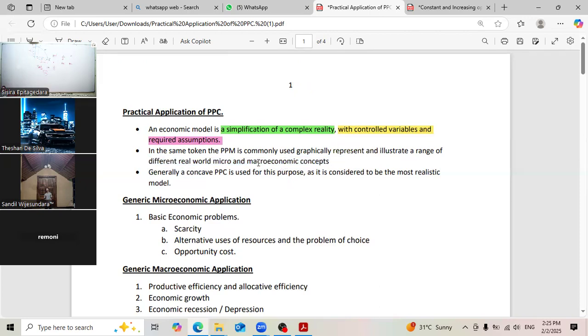Highlight it, Lamai. My point is, we can explain some complex micro and macroeconomic concepts using a PPC curve. Next one: generally, a PPC concave to the origin is used for this purpose.